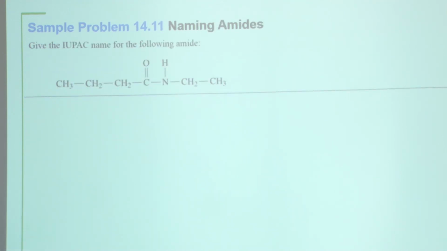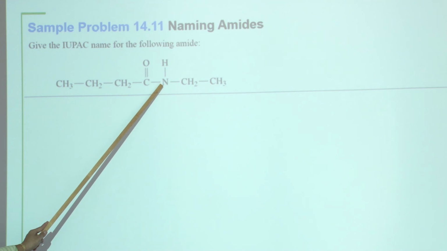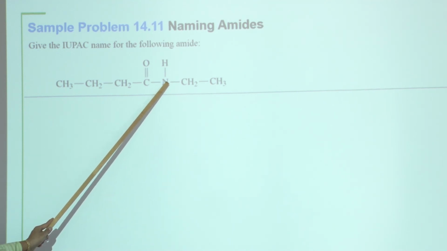Okay, following amide, the IUPAC name. I take 1, 2, 3, 4. We started off with butanoic acid, so butanamide. And the amine was N-ethyl.